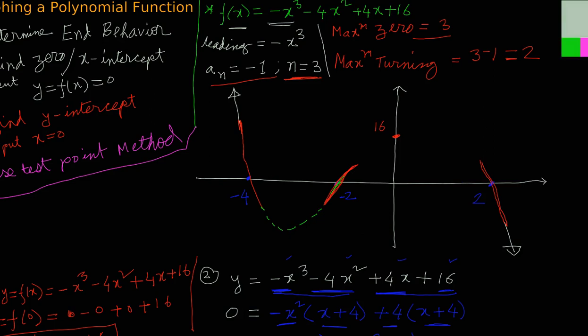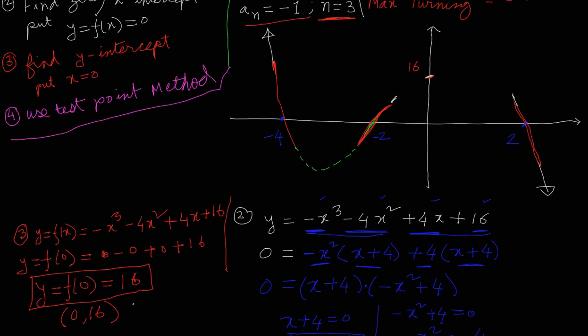Now let us try to see how I can travel from here to here. First of all, when I am traveling, remember I need to go through the y-intercept. And how many y-intercepts do I get? I get only one y-intercept. So my graph cannot cross more than 1 point on the y-axis.